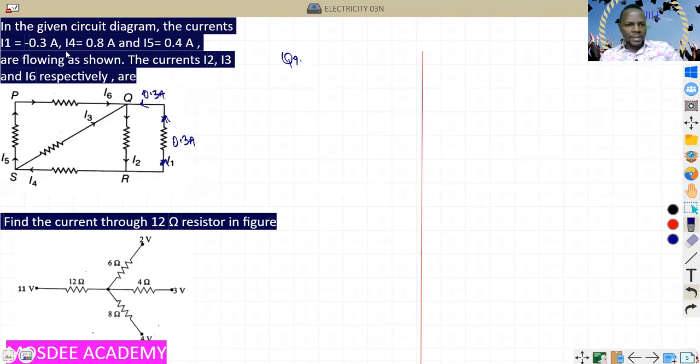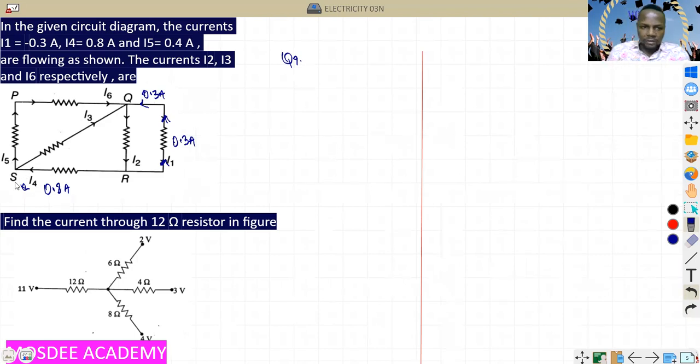So let's see another parameter that was given. We are given I4 to be 0.8. You can see I4 is here, 0.8. So moving in that direction, you can see 0.8 amps is coming like this. The same thing will flow here. So we just need to be careful. I5 is 0.4. So if I5 is 0.4, that means there is a bridge.